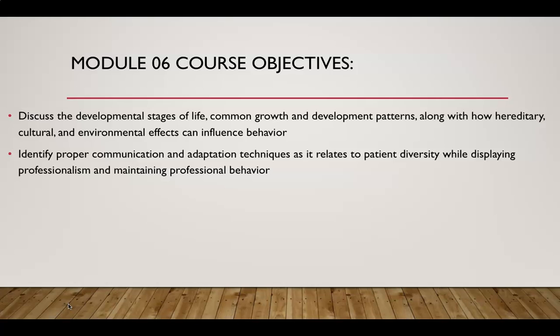Just because they are small versions of adults doesn't mean that we talk to them that way. So we want to make sure that we are learning how to speak to them correctly, as well as with your diversity scenario that you and your partner have started to put together. You want to learn how to communicate with that diversity issue and how we still do that while being professional.